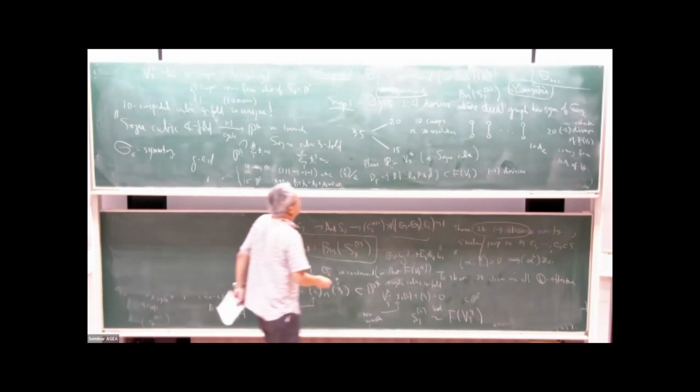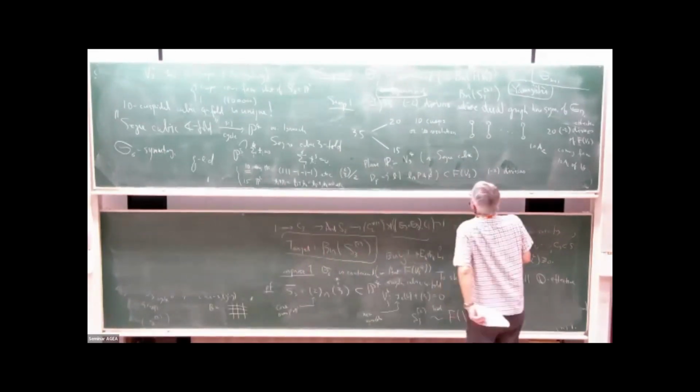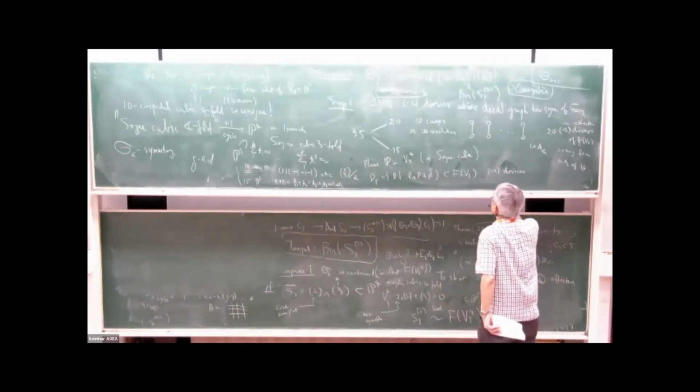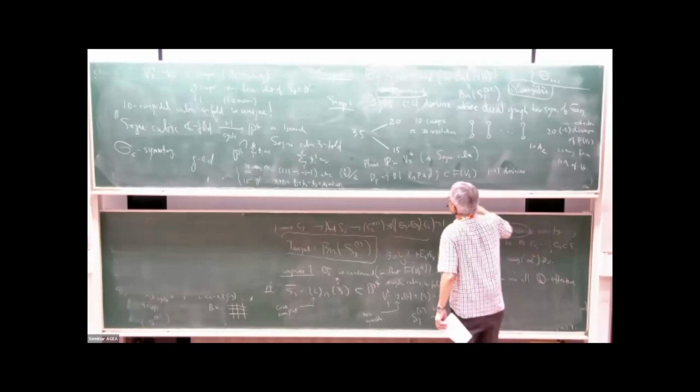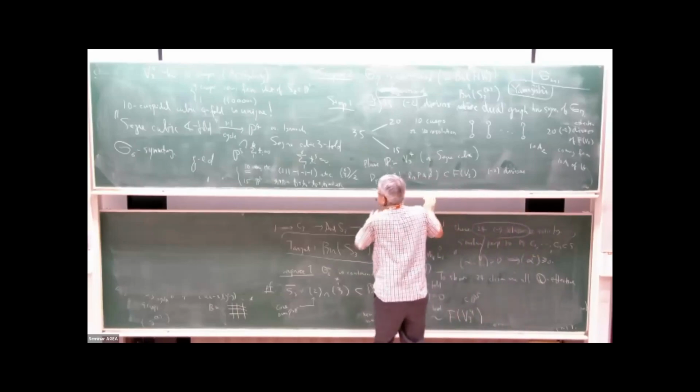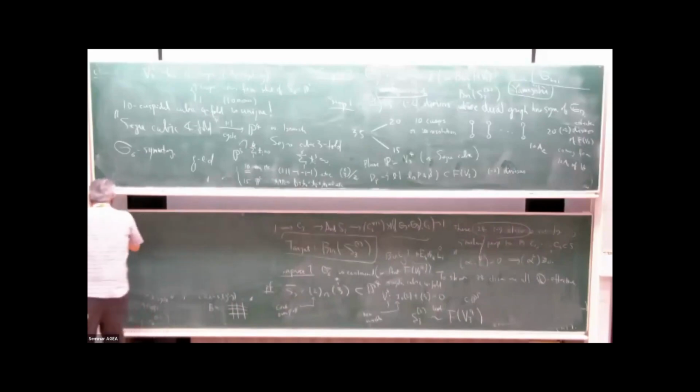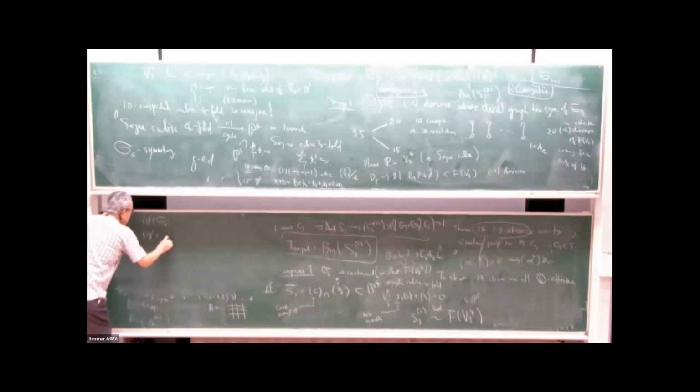So one cannot see immediately from this parameterization. So 20s are parameterized by this type of permutations inside the symmetry group of order 6. And 15s are parameterized by this type of permutations.